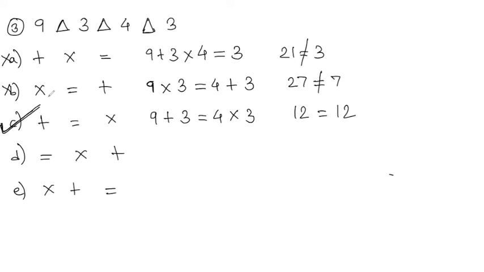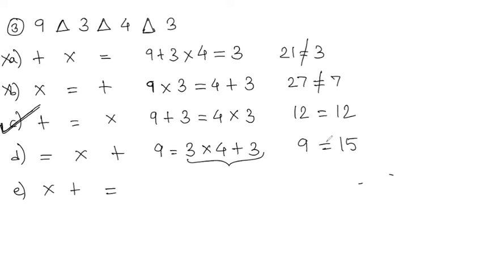Yeah, tell me the order. For option D, what is it? 9 equals 3 into 4 plus 3. Correct. So what is the answer for this? 15.